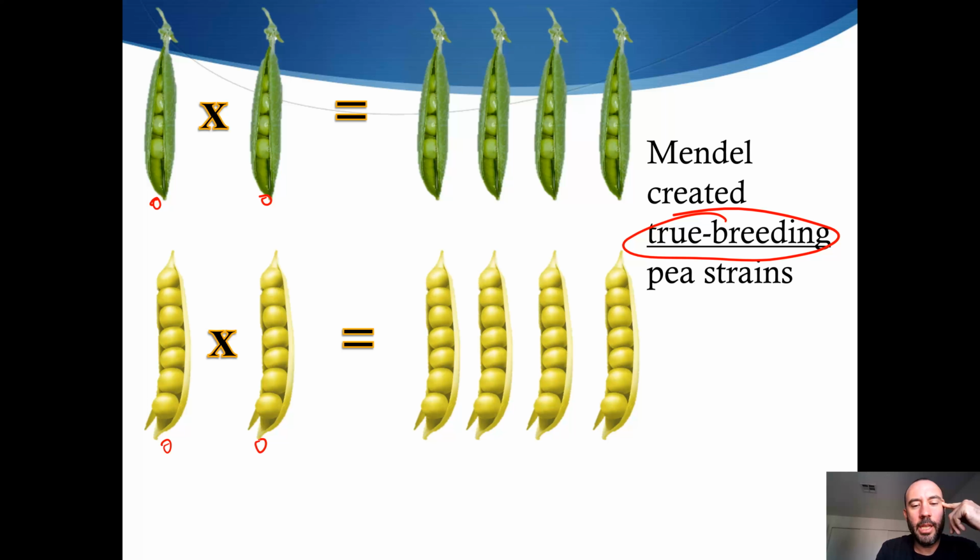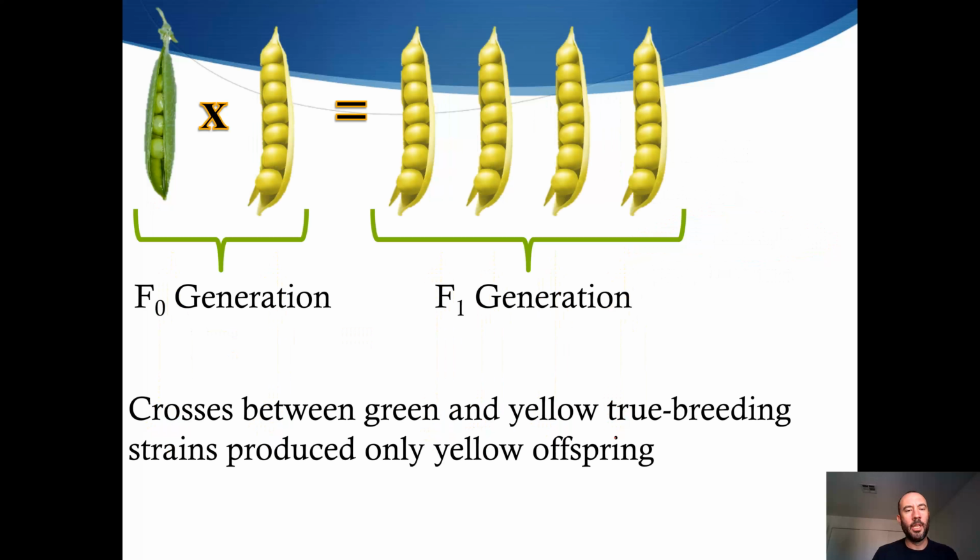He would cross a yellow with a yellow until he got all yellow. And he might have to experiment with that because that wasn't a thing that all green pea plants did or all yellow pea plants did. Sometimes you would breed some yellow pea plants and get a green pea plant, and so he had to ensure that he had true breeding pea strains before he really started his experiment.